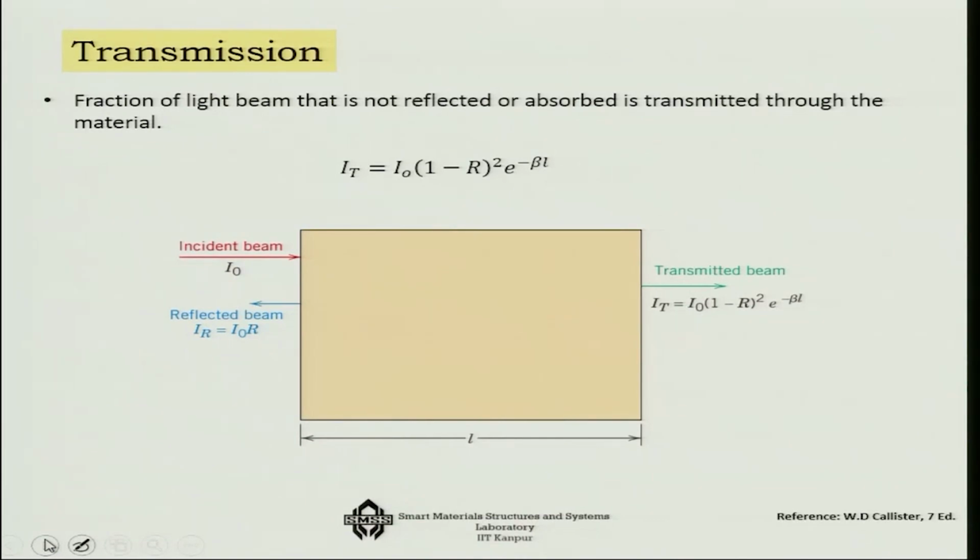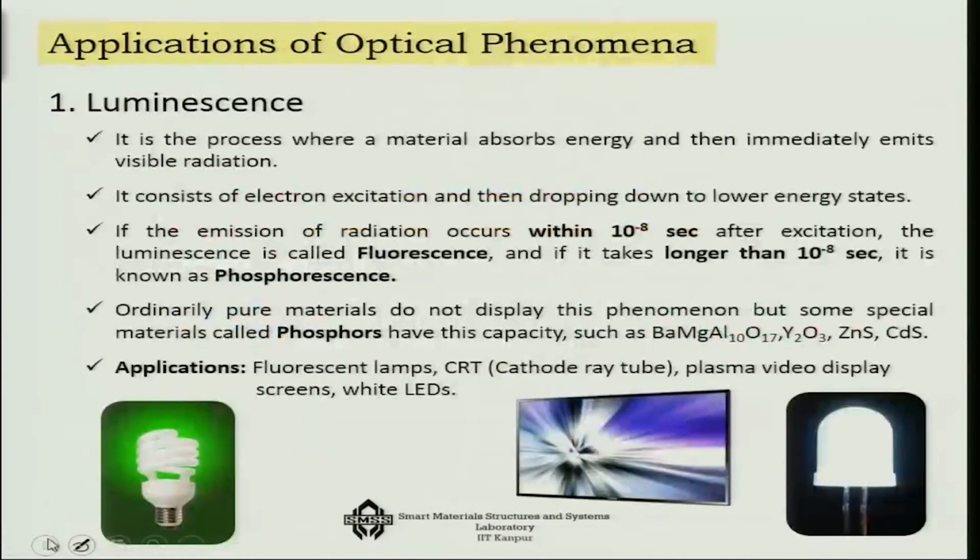IT is now I0 into (1 minus R) whole square times e to the power minus beta L. So, if I0 is the intensity of the incident beam, then part of it gets reflected, IR, which is I0 times R, and part of it gets transmitted, which is I0 times (1 minus R) whole square times e to the power minus beta L. So this is what we get when the light is transmitted through the system.